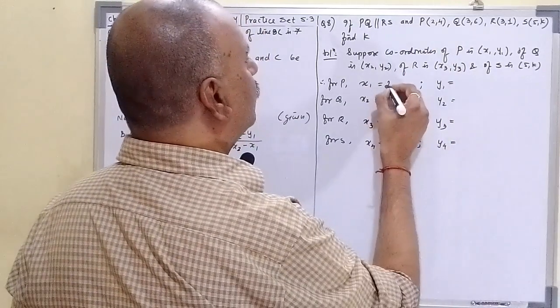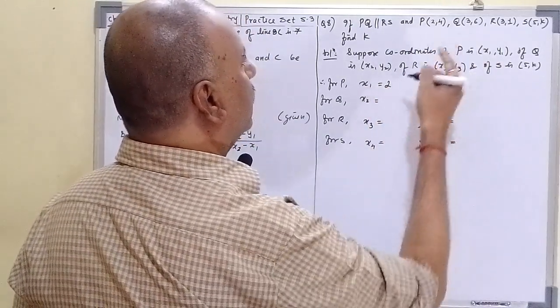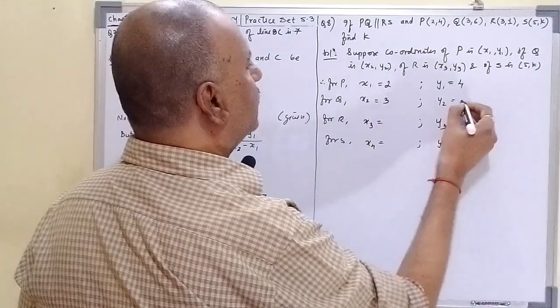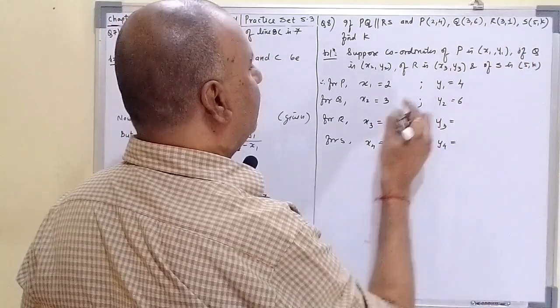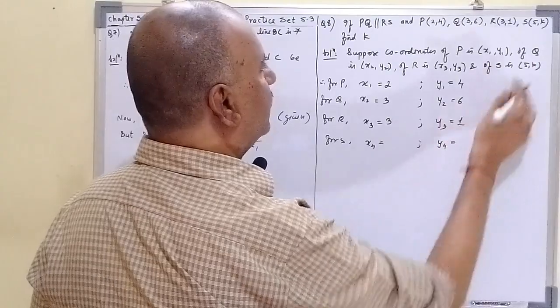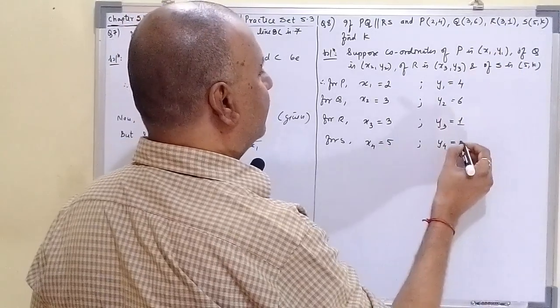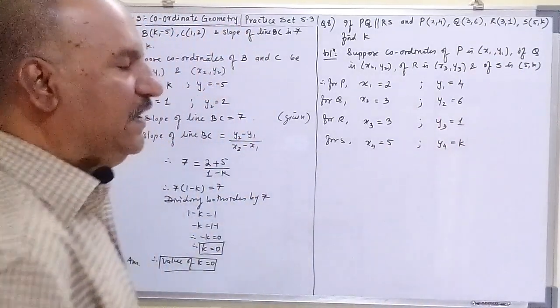x1 y1 will be 2, 4. x2 y2 is 3, 6. x3 y3 is 3, 1. x4 y4 is 5, k. हमें k फाइंड करना है.